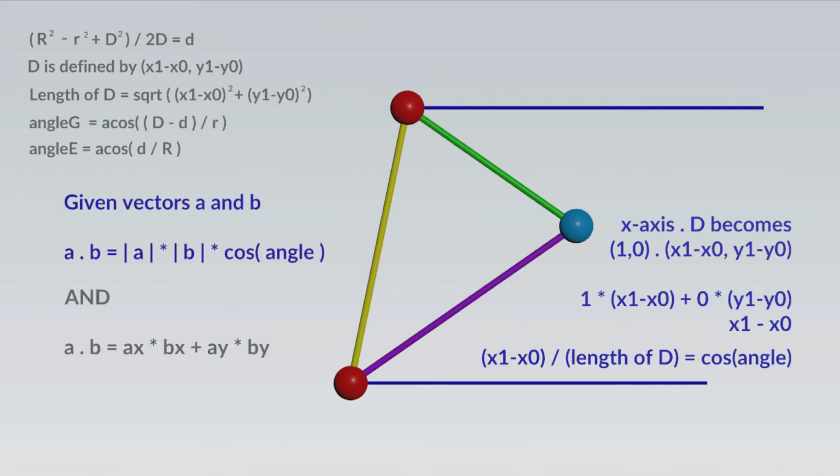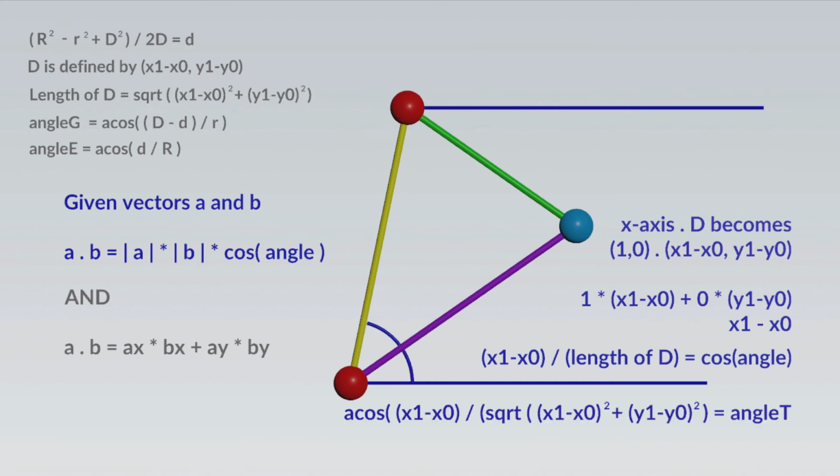If we take that and equate that to our normalized vectors times the cosine of the angle, we end up with x1 minus x0 divided by the length of d equals the cosine of the angle between them. We already know what the length of d is in our formulas up above. Expanding that out, we end up with angle t equal to the expression that you see here. So now let's keep that.